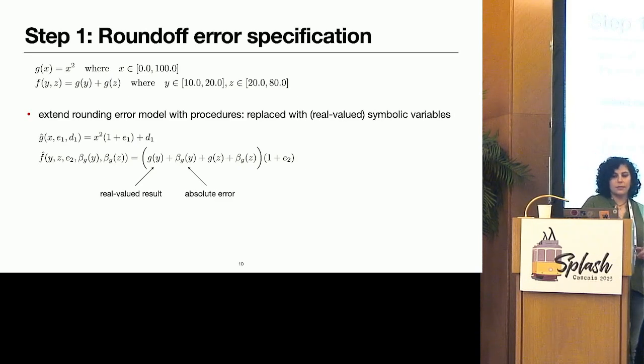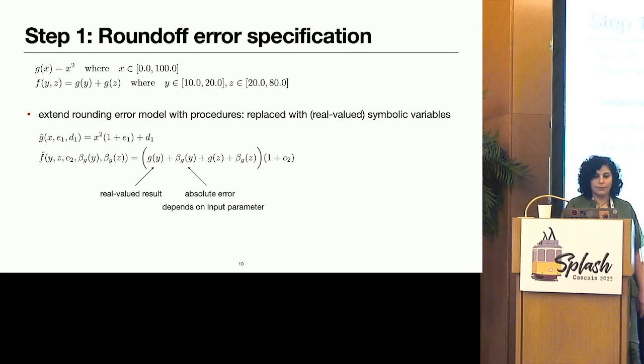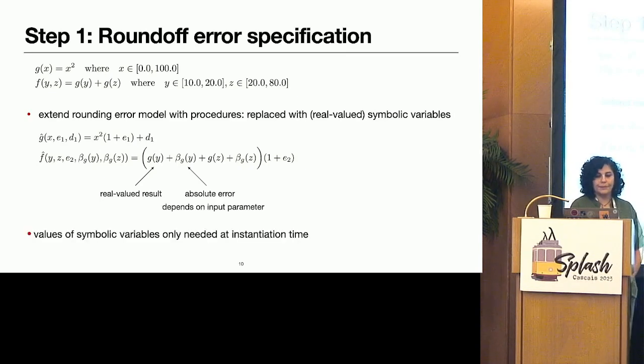Note that this round-off error's value depends on the input variable of f. So it depends on y. I should point out that we do not need the concrete error specifications of G at this point when we are computing the error specification of f.